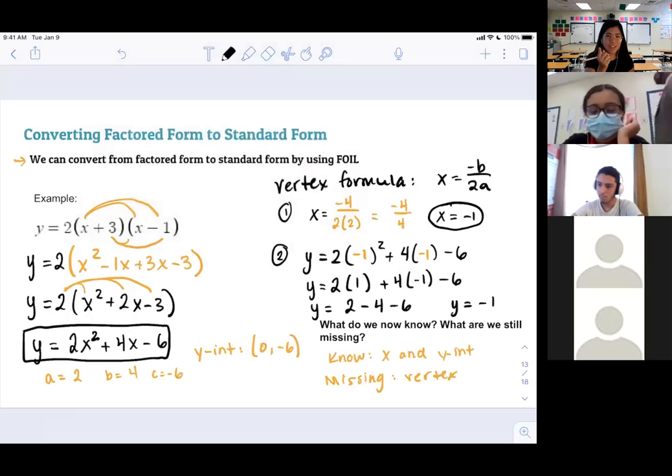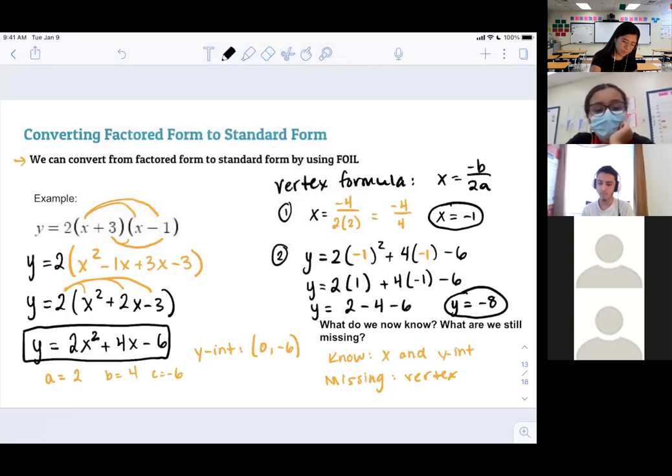Yeah, careful, because 2 minus 4 is -2, and then -2 minus 6 is -8. You've got to be a little bit careful. I know that's confusing. That's what happens when I try to do quick maths all the time. All right, so what's my vertex?